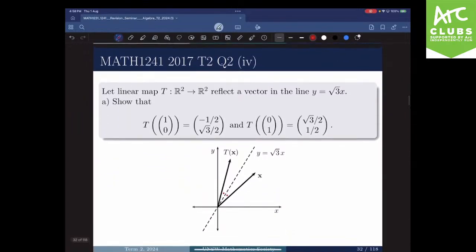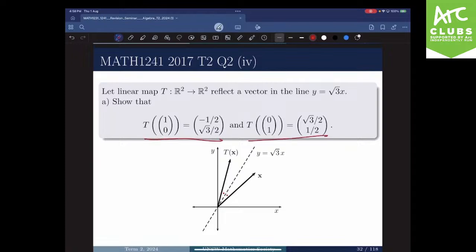Another thing with linear transformations, we can also represent them geometrically. So we consider some linear map from the Cartesian plane back to the Cartesian plane, where it reflects a vector in the line y equals root 3 x. And we have to show these two things.